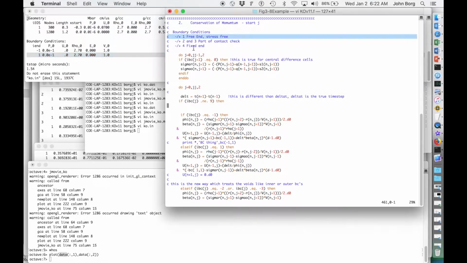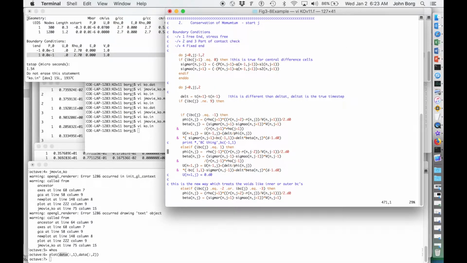And the 1, again, means a free surface. I also put in part of the contact check. If you think about what you would need for a contact check, you would need internal free surfaces within the one-dimensional discretization. So a -2 and a +2 represent free surfaces within the computational domain. And then a 4 is a fixed end.